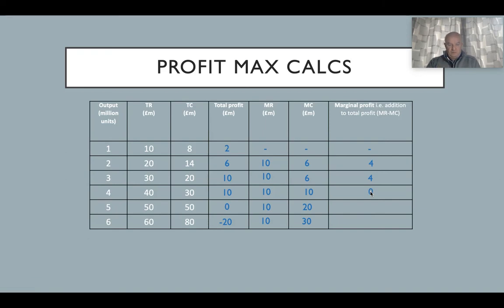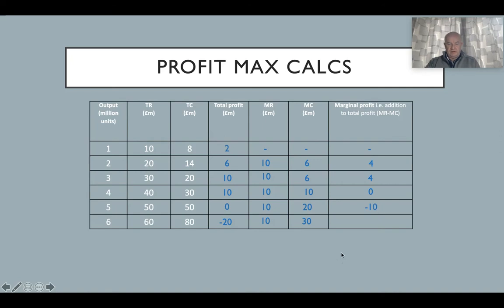Where we get to 4 million units, though, our marginal revenue and our marginal cost are the same. So our marginal profit is where we're not making any profit from that activity. We are still making some revenue, but our marginal profit, the difference between our marginal revenue and marginal cost, is at 0.